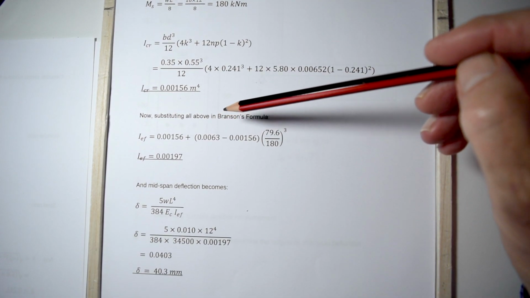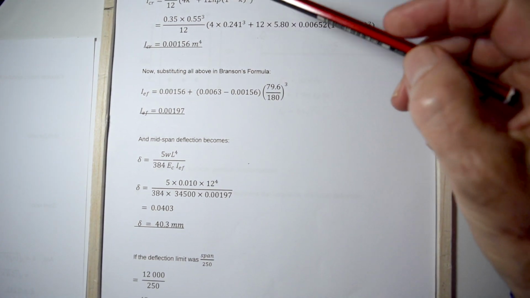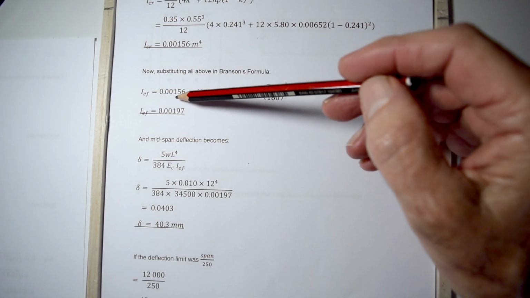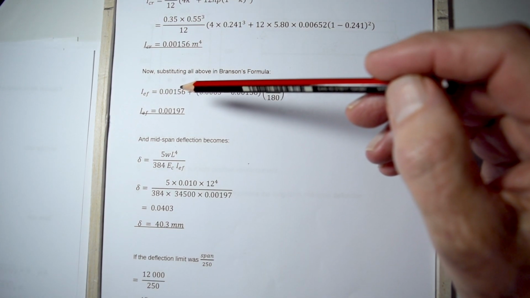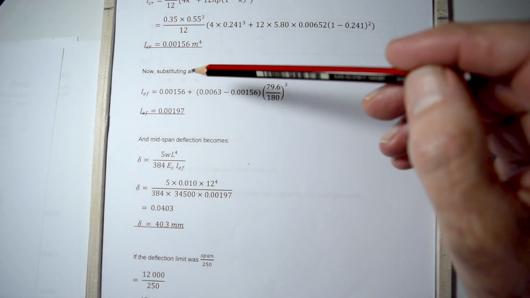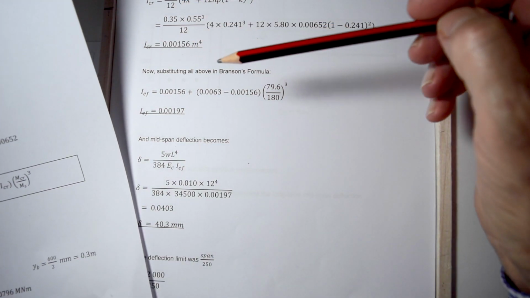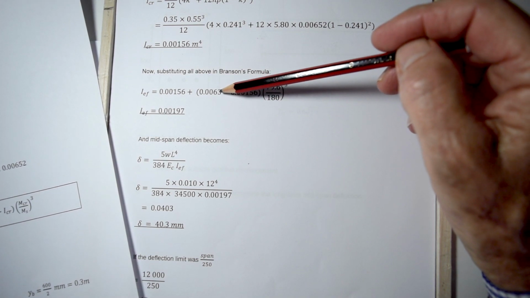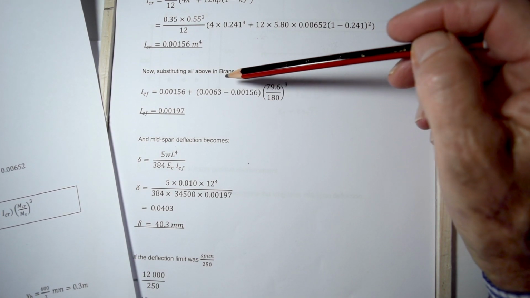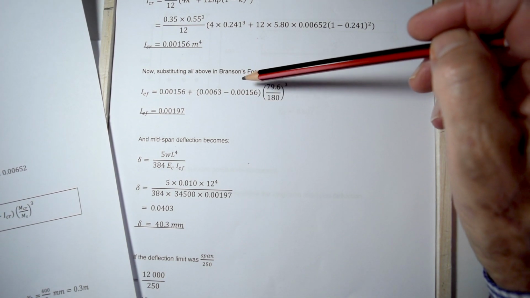Now, substituting all of the above, the stuff we've done, in Branson's formula, we get the I cracked, 0.00156, and just looking back at Branson's formula, here we have it. We've got the gross inertia there, 0.0063, minus the cracked inertia, okay?